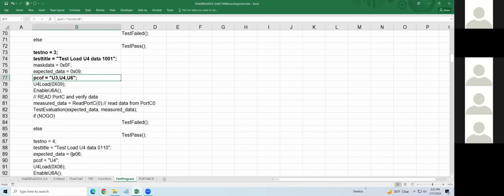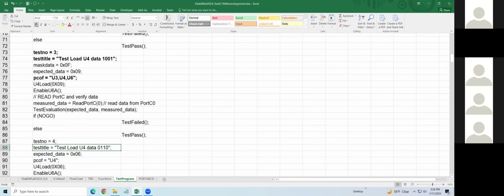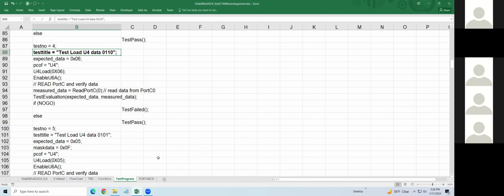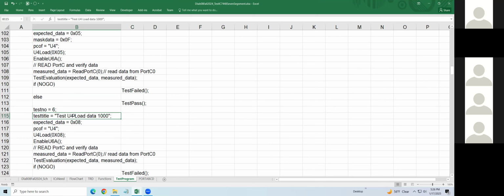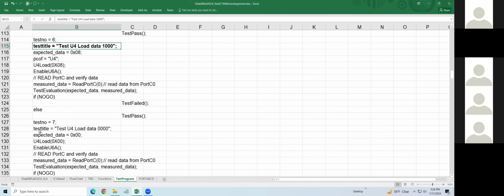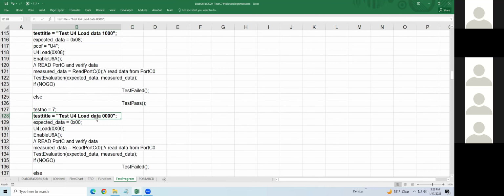Test 3, and 4 load different data. So if they work for the first one, they will work for the next one, and the next one is still loading as before. So after you connect the wire for test number 3, they are supposed to pass up to number 8.